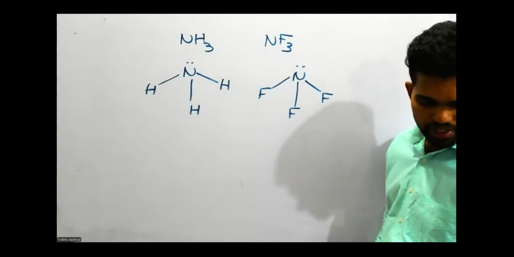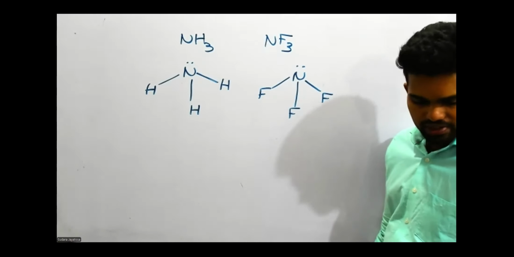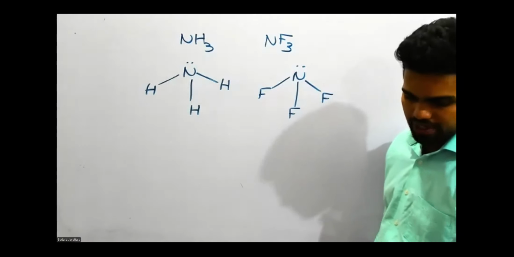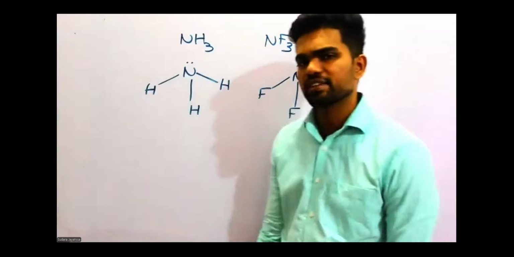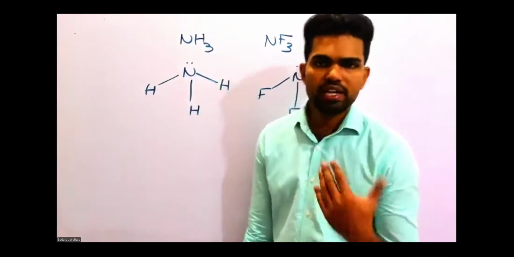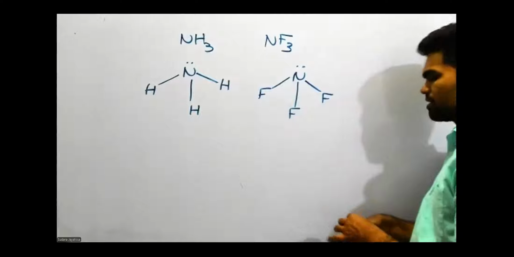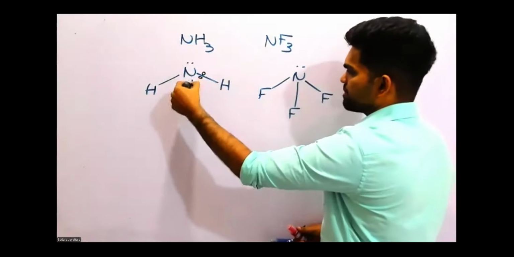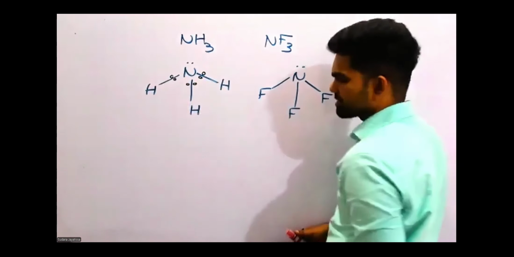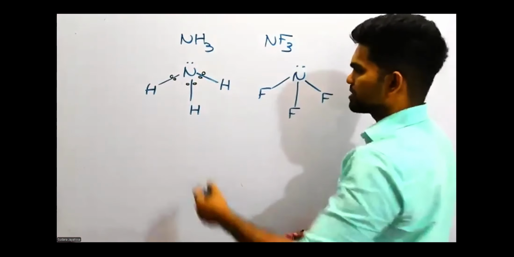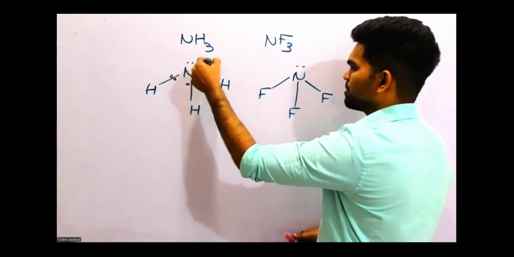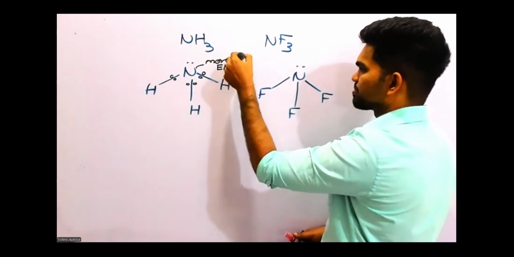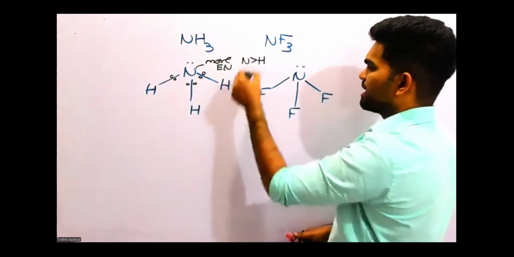So the first statement they are asking about is bond pair repulsions. So now we have to exactly understand where these bond pairs might be. Since nitrogen is a more electronegative element, bond pairs will be closer to the nitrogen, because nitrogen is more electronegative than hydrogen.